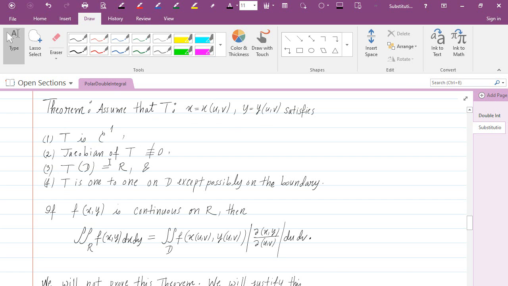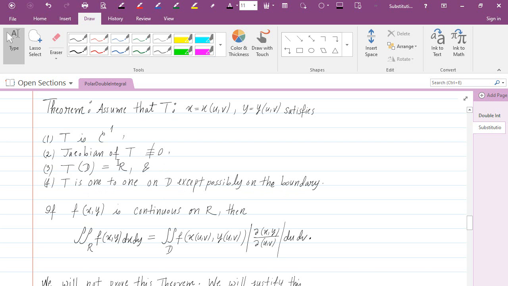The second condition is that the Jacobian of T is not the zero function. The third condition is that T maps D onto R. And the fourth condition is that T is one-to-one on D, except possibly on the boundary of D.